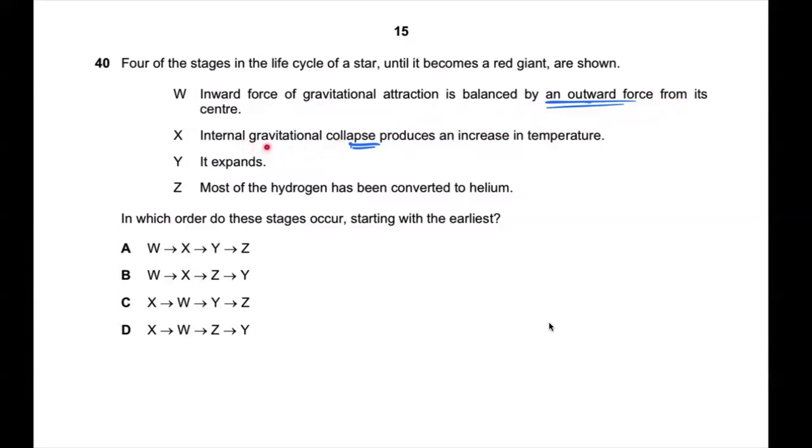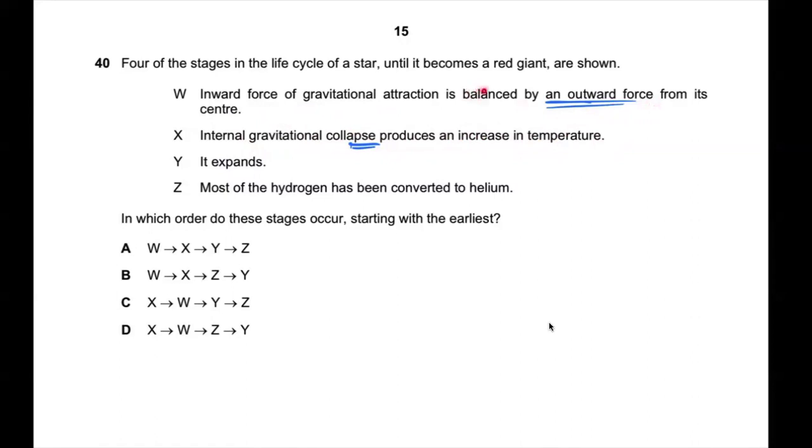So X is definitely the first one. Internal gravitational collapse produces an increase in temperature, right? And then because of the increase in temperature, you now also have an increase in pressure which produces an outward force. So the inward force is then balanced by the outward force. And then because of the outward force, it's now in the stable life cycle of a star.